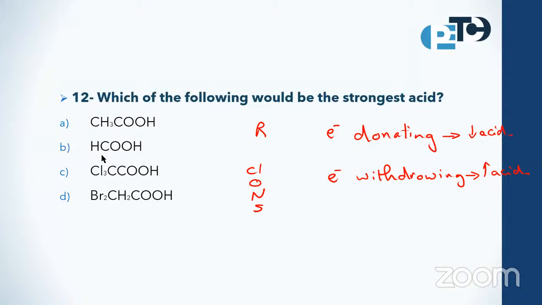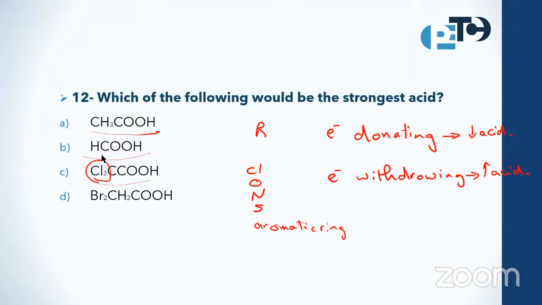Even an aromatic ring also increases the acidity. CH3COOH is acetic acid, compared to formic acid. But here we have trichloroacetic acid, so we have a withdrawing group.